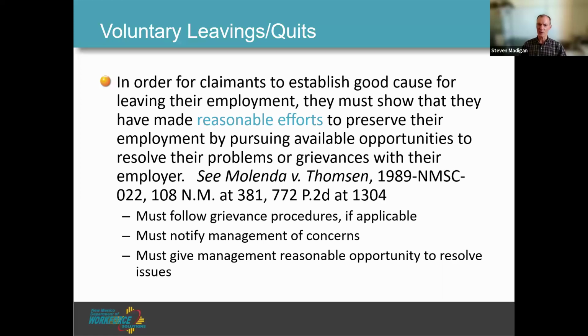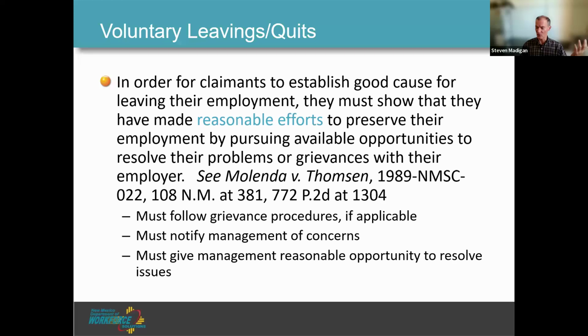In order for a claimant to establish good cause, the claimant has to show to us that they made reasonable efforts to preserve their employment. So it's their responsibility to try to resolve any of the problems or grievances that they had. If there is a grievance policy or procedure, it is expected that they follow it. They have to notify management of their concerns.